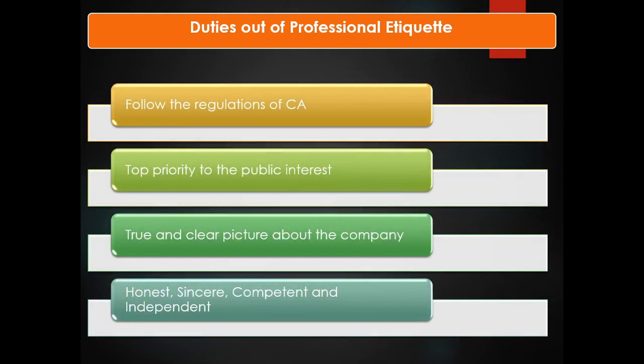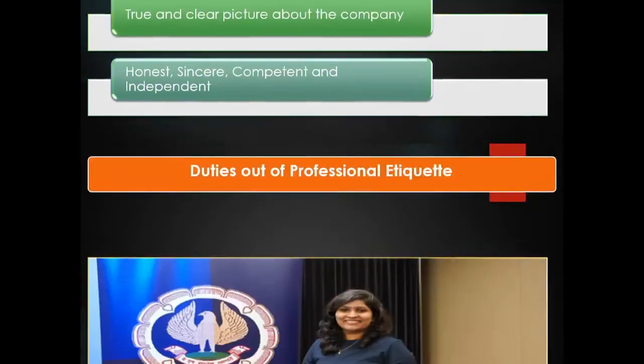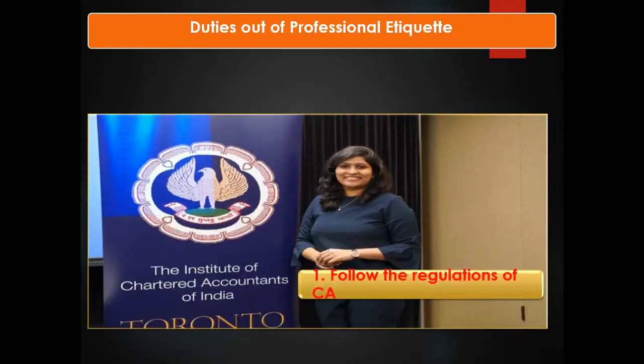Here we have listed four major etiquettes: follow the regulations of the CA, top priority to public interest, true and clear picture of the company, and being honest, sincere, competent, and independent. The first one: follow the regulations of the ICAI.